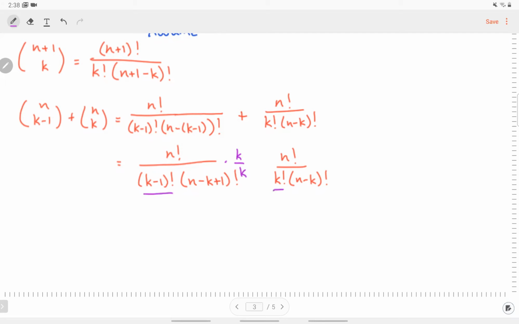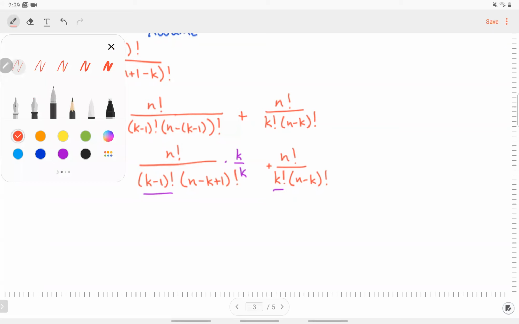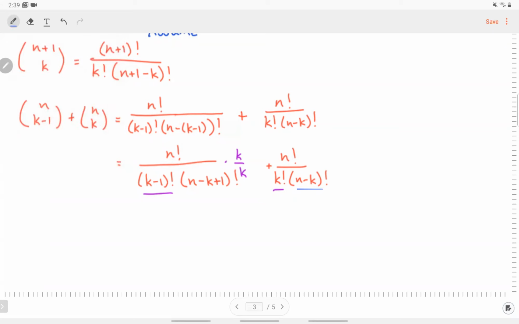Now let's look at the other one. Put my plus sign back in. I don't think I have enough room to fit this, but I'll try. So here I have an n minus k. Here I have one more than n minus k because it's n minus k plus 1. Okay, so that means this one is short 1. He's missing the n minus k plus 1. He has everything below that, but he doesn't have the n minus k plus 1. So multiplying by that will make that factorial match.